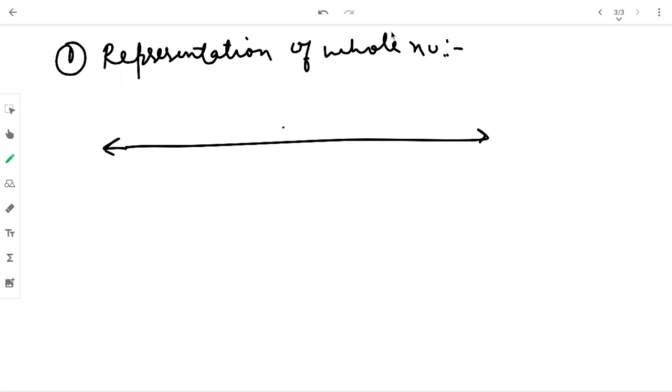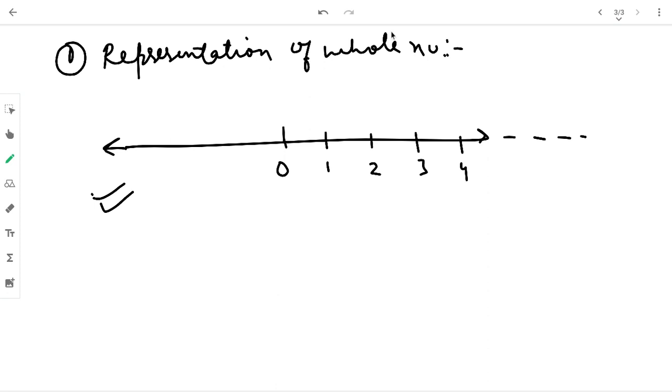First draw a line, mark 0, and on the right hand side, 1, 2, 3, 4, 5. It goes on indefinitely.